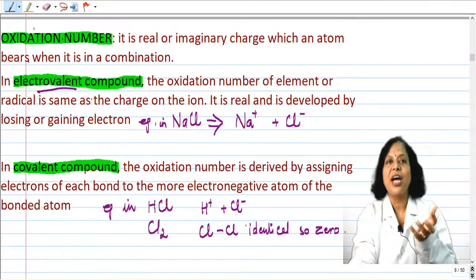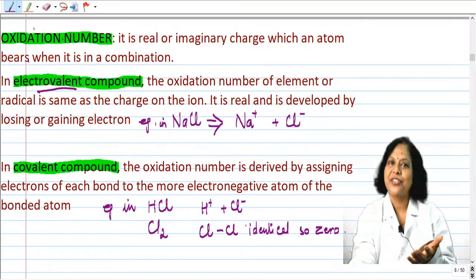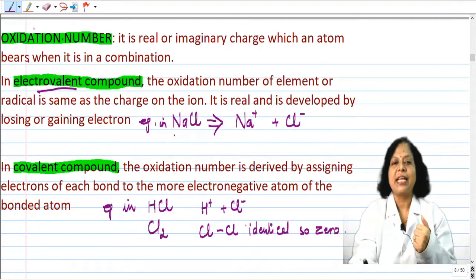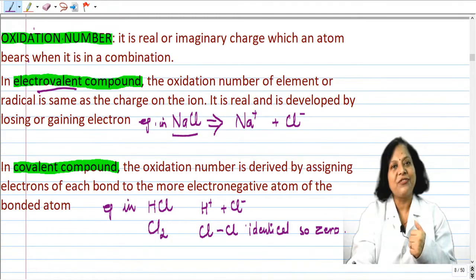Whatever charge is there on the anion or the cation, that becomes the oxidation state or oxidation number of that element. For example, in sodium chloride, sodium has one positive charge and chloride has one minus charge. So minus 1 is the oxidation number for chloride and plus 1 is the oxidation number for sodium.